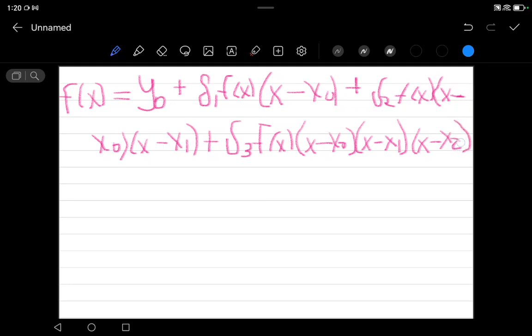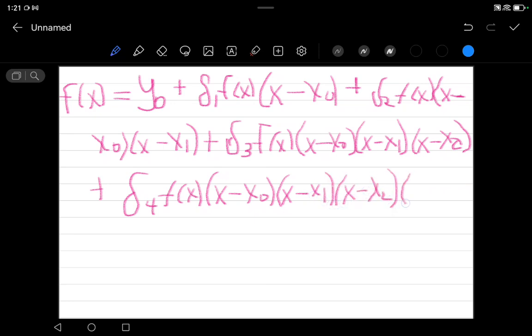Okay, so this is the third one, and then the fourth one is gonna be delta 4 f of x into x minus x0, x minus x1, x minus x2, and then x minus x3. Okay, so this is the formula. Remember, we stopped at delta 4, and then when we write our formula, we're also gonna stop at delta 4.